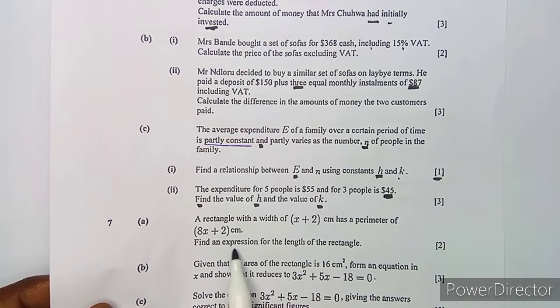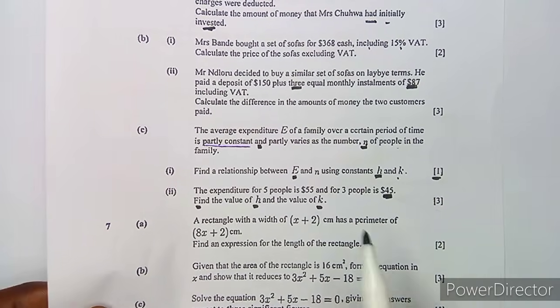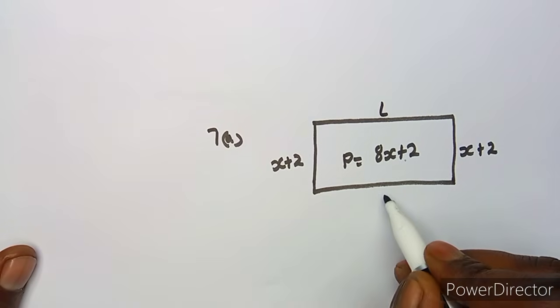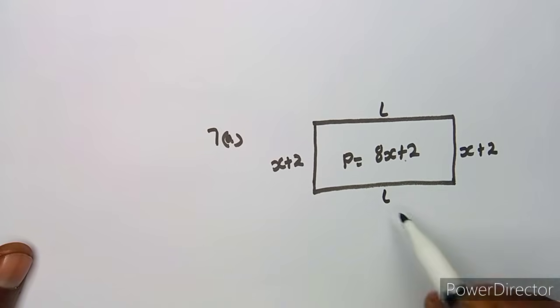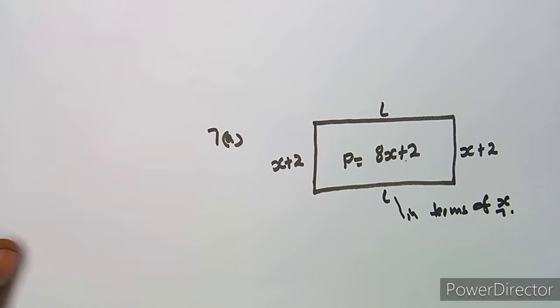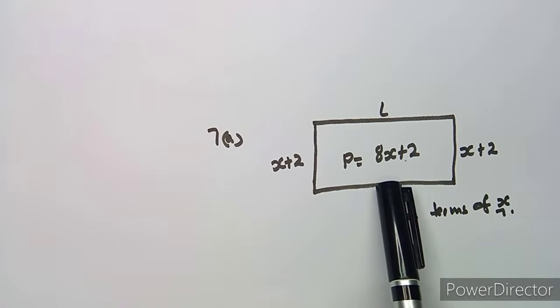Then you're asked to find an expression for the length of the rectangle, this one, L. We do not know this expression, but we want to find it in terms of x. So how are we going to find this expression for the length in terms of x? We are given the perimeter, guys.